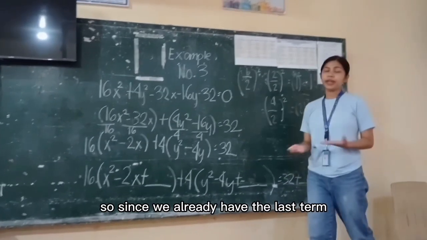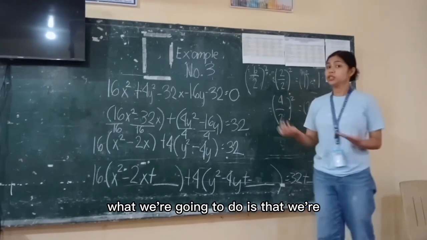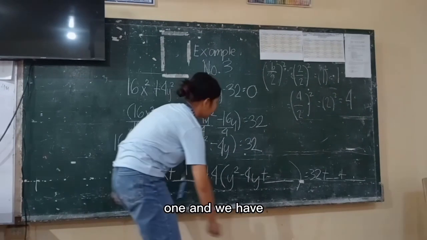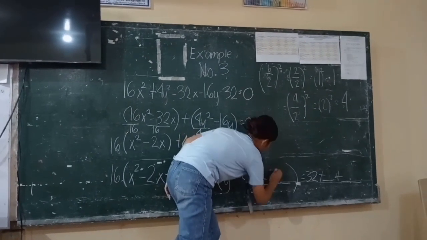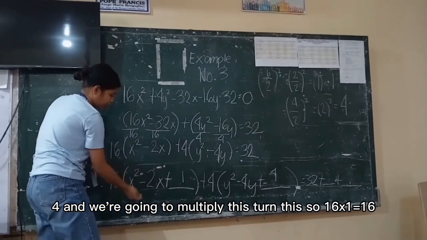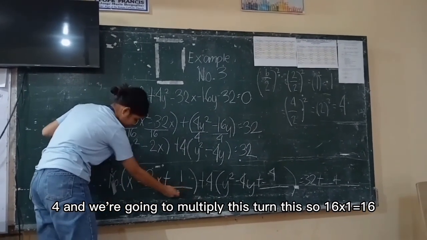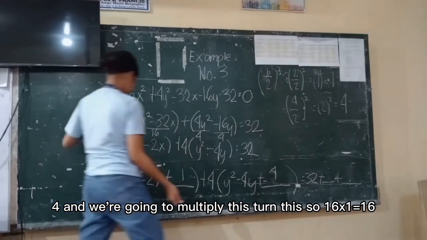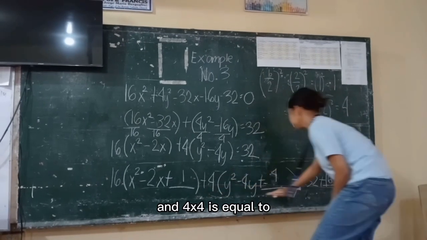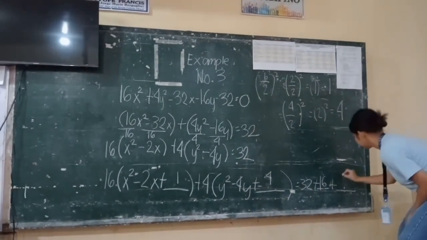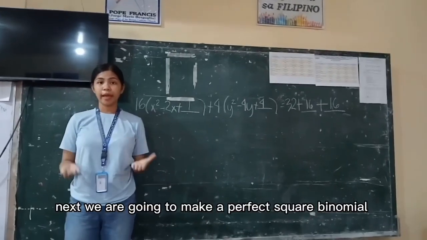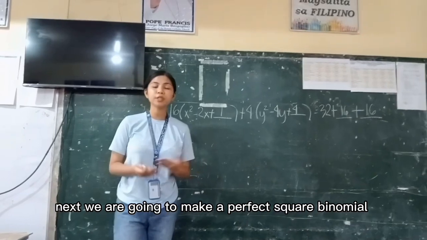So since we already have the last term, what we're going to do is fill up the blanks. We have 1 and we have 4. And we're going to multiply this term with this. So 16 times 1 is 16. And 4 times 4 is equal to 16. Next, we're going to make a perfect square binomial.